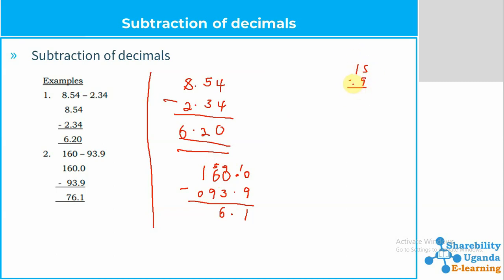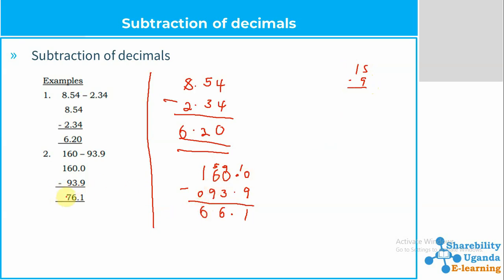We should get the answer 6, because when you add 6 plus 9, we get 15.